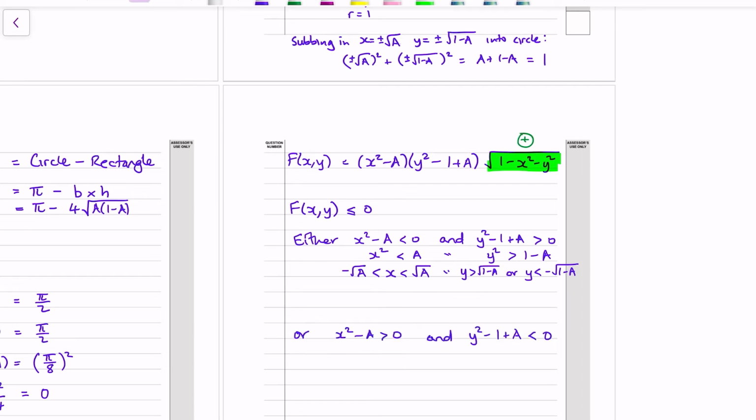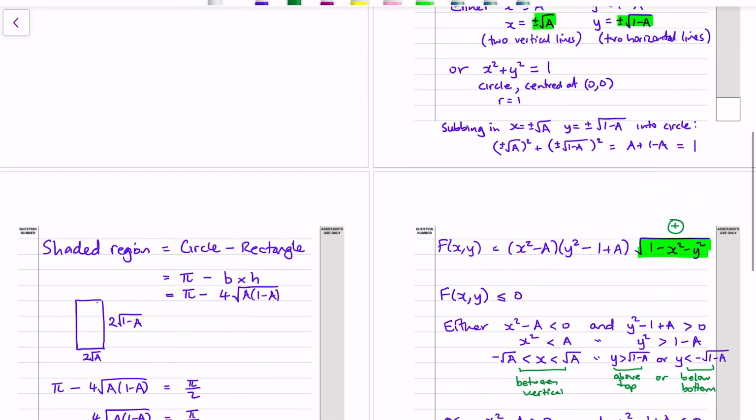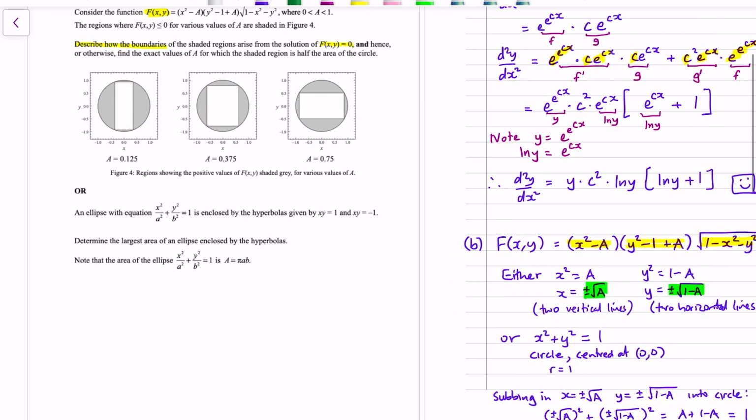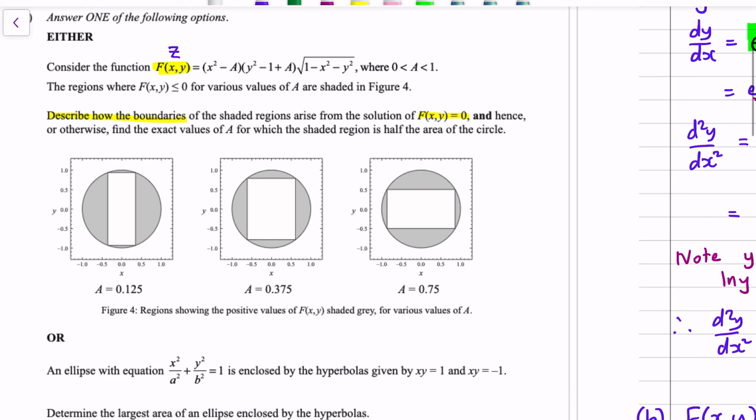So looking at that, this one here tells us between the vertical lines, and then this one says either above the top one, or this one here says below the bottom one. So in the diagram there, we need to be between the vertical lines and then above, so that's that region, or below, so that's that region.